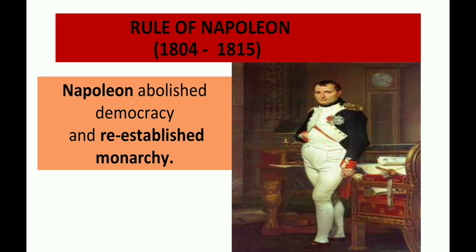He was well known for his imperialistic motives and conquests in Europe. Napoleon abolished democracy and re-established monarchy. He introduced several effective administrative changes in the Civil Code of 1804.